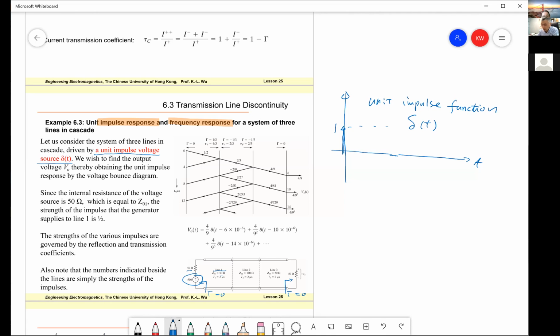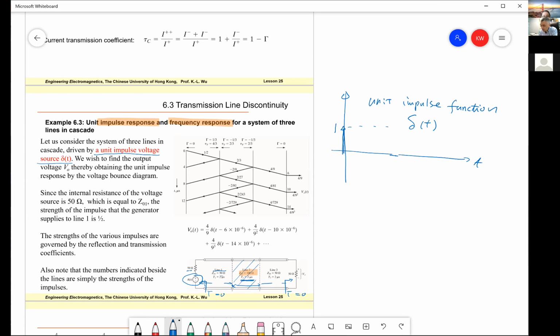Line 2 has a different characteristic impedance, and the velocity is also different. So we can say the time from this point to this point takes 2 microseconds, and from here to here also 2 microseconds.